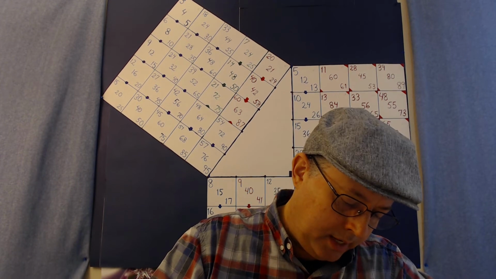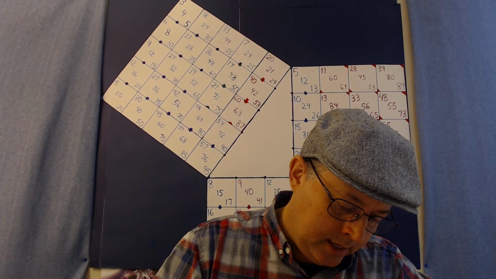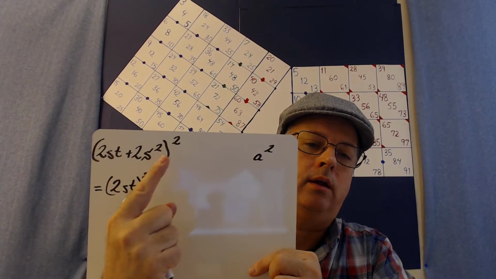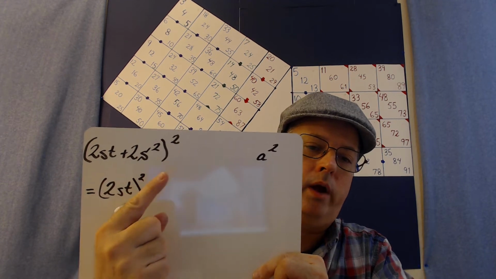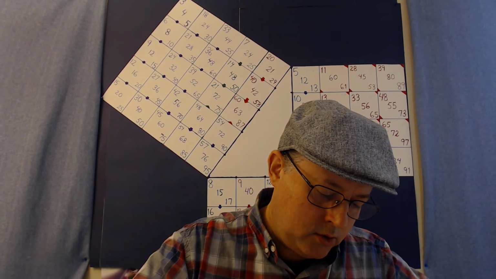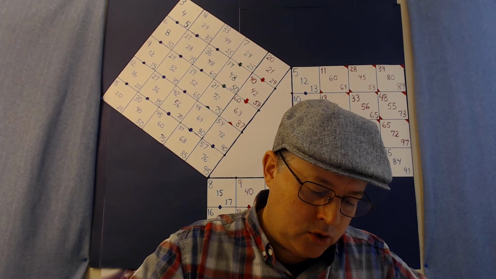Being that the 2st is our x, this is going to be equal to (2st) squared. So this is (x plus y) squared, and that gives us x squared. And then next we'll have plus 2xy. So that's plus 2, and then x is 2st, times y, which is 2s squared.